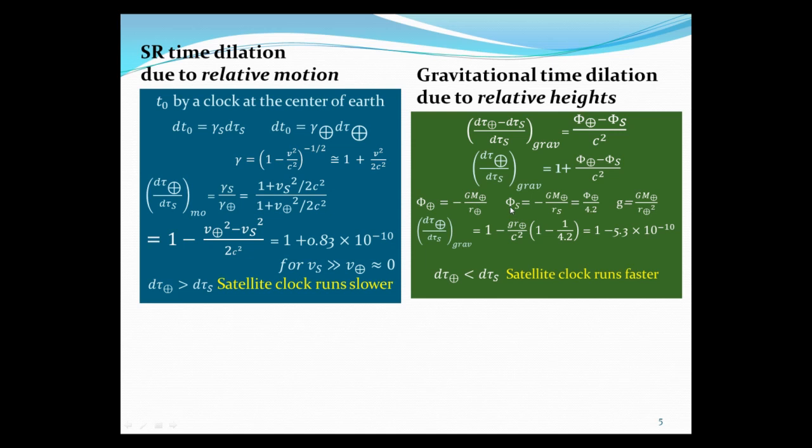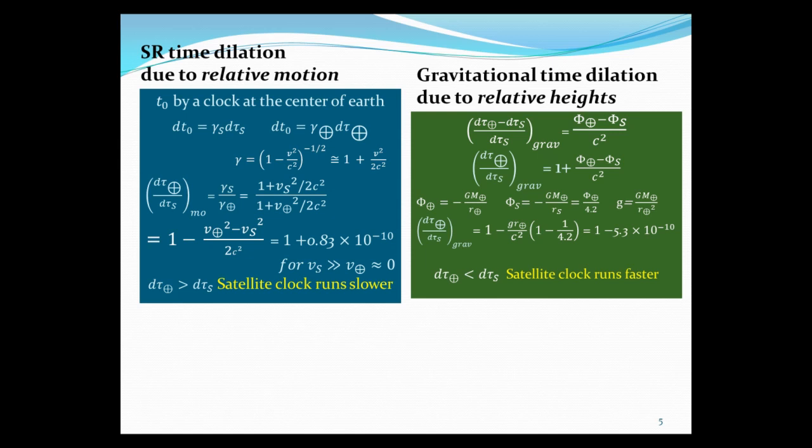And for a satellite, a similar expression, but it's for the radius of the satellite orbit, which is 4.2 times larger than the radius of the Earth. So therefore, this potential is just Earth's potential, the point on the surface of the Earth, divided by 4.2.